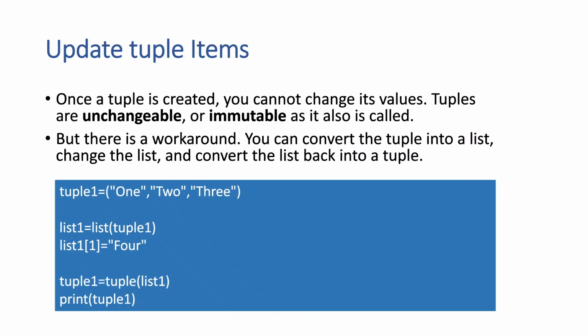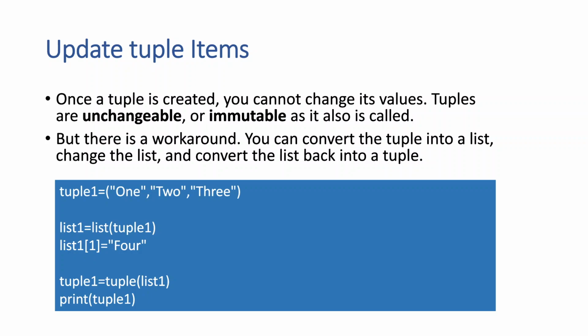To start with, let's understand how to update tuple items. In our previous video, if you remember, we said tuples are immutable. Once created, we cannot change it, right? So how can we update it? That is another question that arises in our mind.